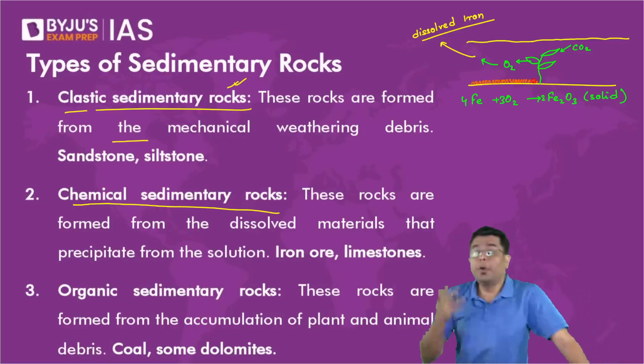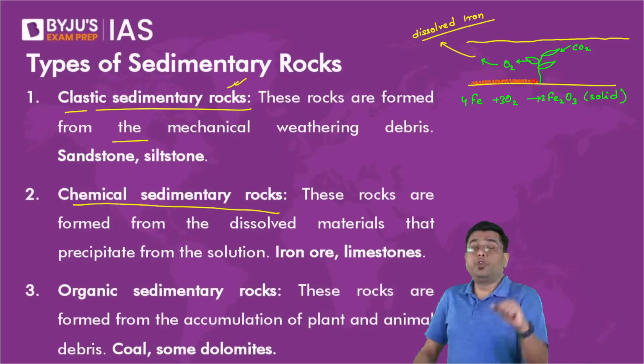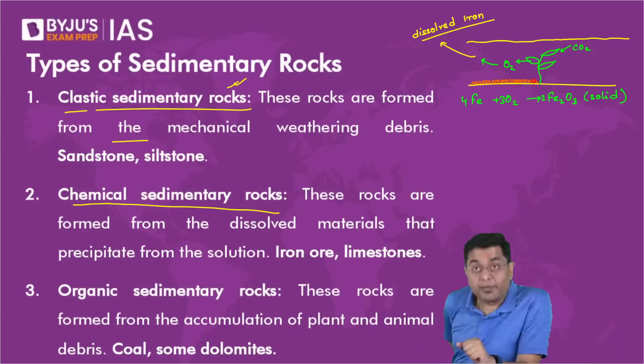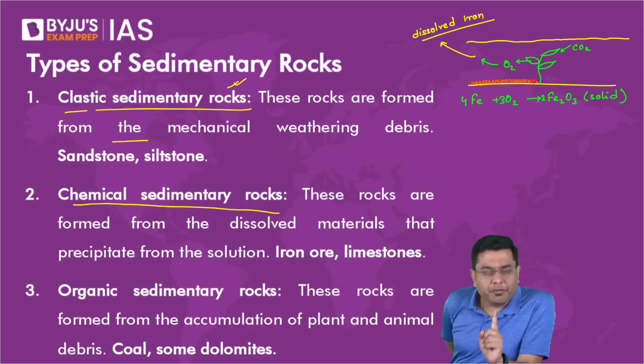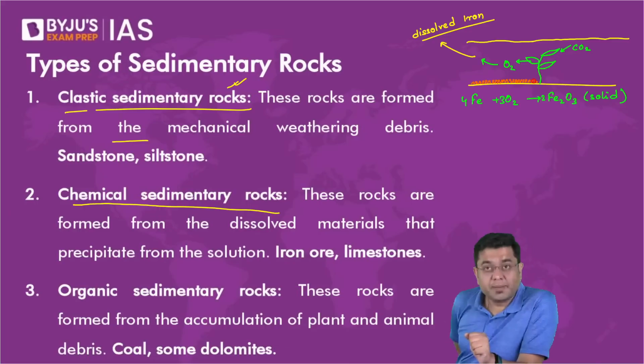Now, what about limestone? Now, limestone is also something which has been created underwater. So that means wherever you come across a deposit of limestone, that means that region would have remained underwater at some point of time in the geological history of that region. So, how is it that limestone gets created?